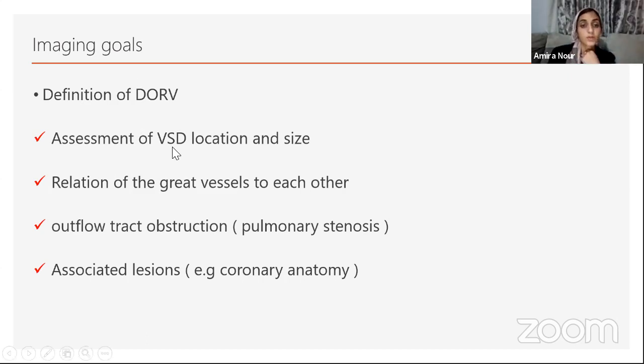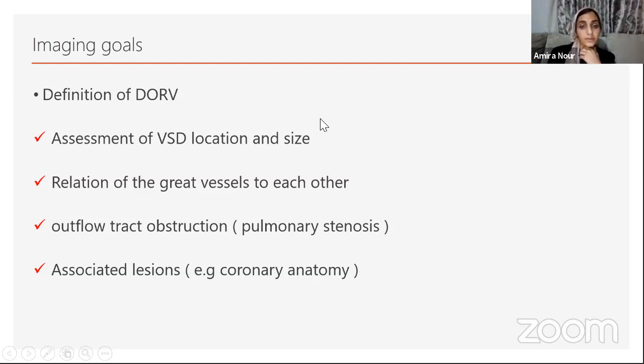First of all, assessment of the location of the VSD, and again we stress that this is of utmost importance, and its relation to the semilunar valves or great vessels. Also quite important is the size of the VSD, whether it is a small VSD or a large VSD.